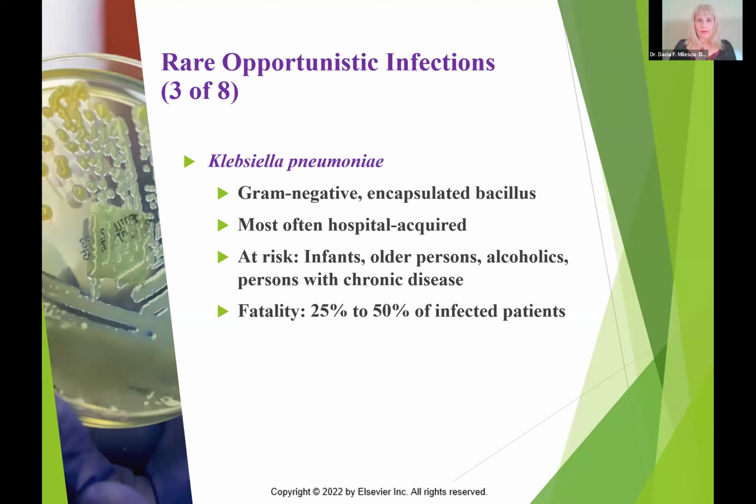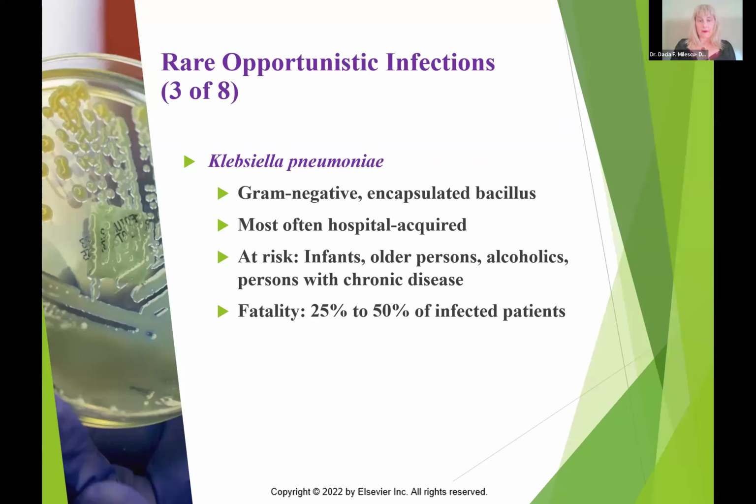Next one, a very rare opportunistic infection. This respiratory infection is called Klebsiella pneumoniae. So Klebsiella pneumoniae is a gram-negative encapsulated bacillus, most often hospital-acquired. The at-risk patients are infants, older patients, alcoholics, persons with chronic disease.